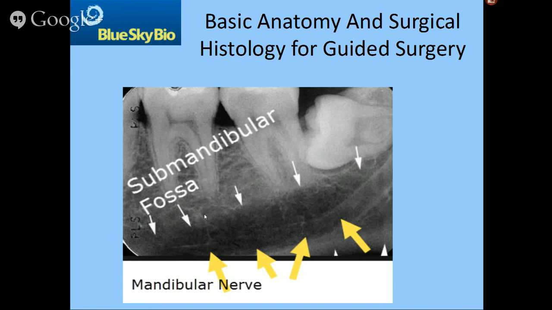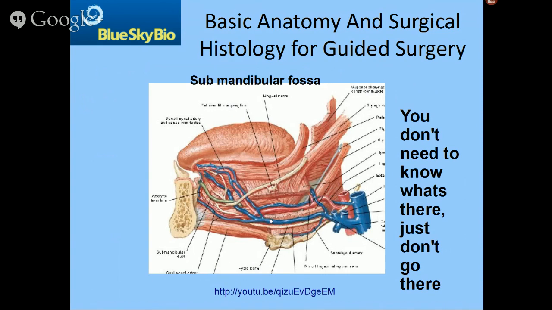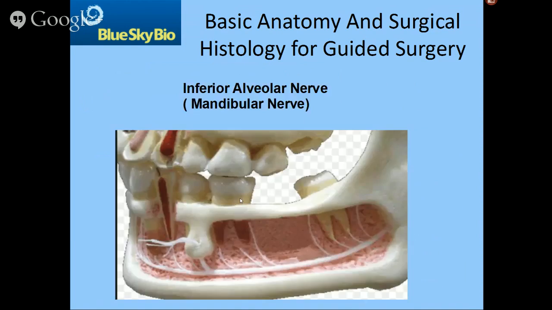Violating the submandibular fossa could actually be life-threatening, depending on what you hit on the way through. So it's important to know what these are. This gives you a viewpoint of some of the anatomy and blood vessels and arteries that are running through the area near the submandibular fossa. It's not a good place to be. You don't want to be there.